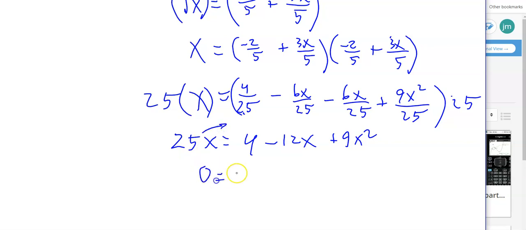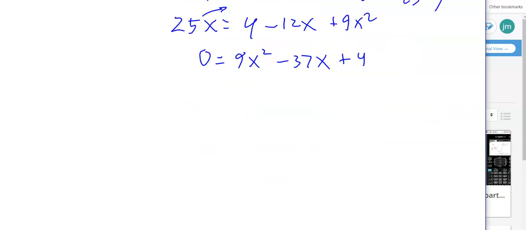So 0 equals, I would write the first term first, so 9x squared minus 25x is minus 37x here, plus 4. I don't think there's a common factor there that we can take out, so we're going to try to factor this. Let's see what happens.